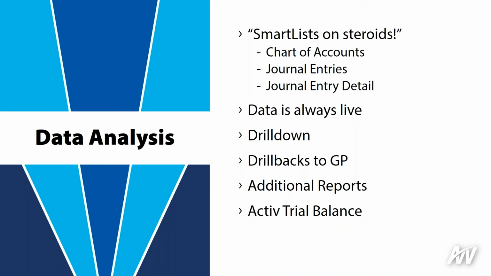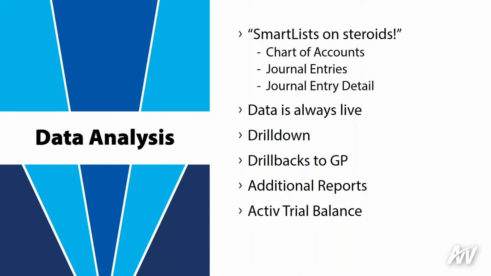This data, and all the data that you see in ActivReporter, is always live and matches what's in Dynamics GP. Drilldown is, of course, available in all of these data presentations, and there are drillbacks. So not only can we drill back to the journal entry, we can, from the chart of accounts listing, drill back to the account card and account detail.